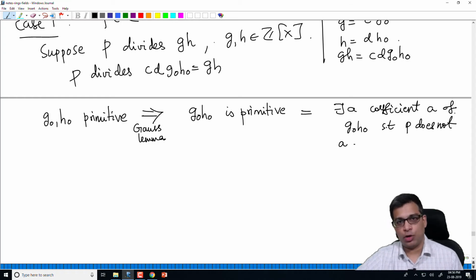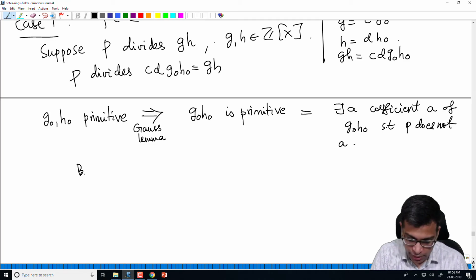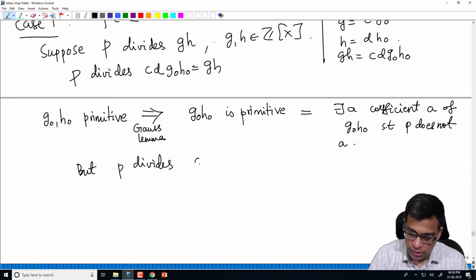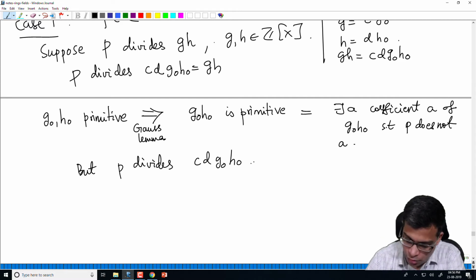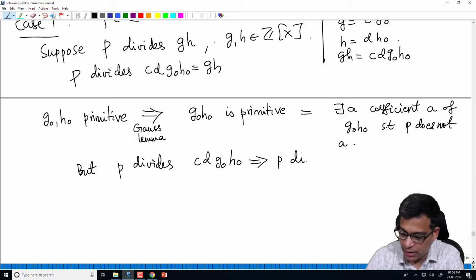If p divides all the coefficients, g0 h0 cannot be primitive, right? So one of the coefficients is not divisible by p, so call that a. But p divides c d g0 h0. Remember, one of the coefficients of c d g0 h0 will be a c d. So p divides a c d.